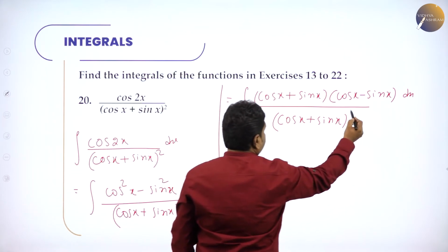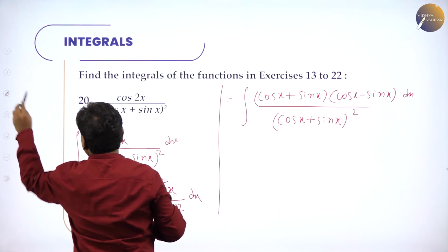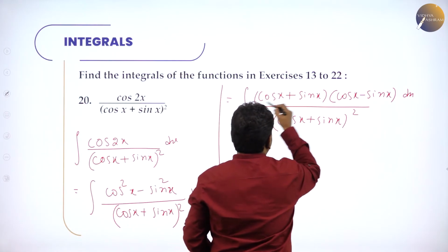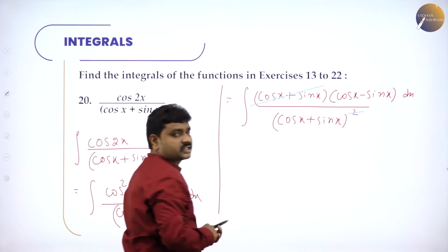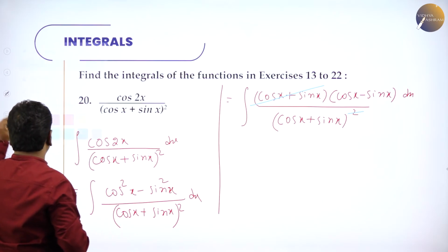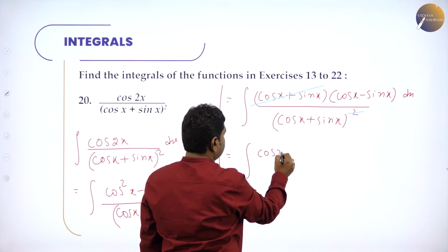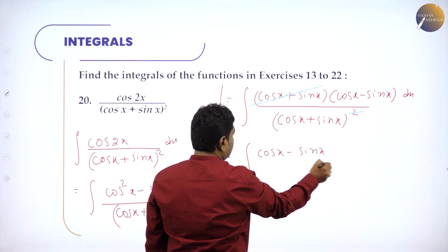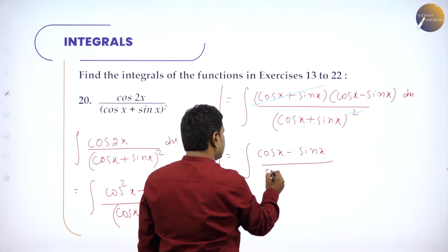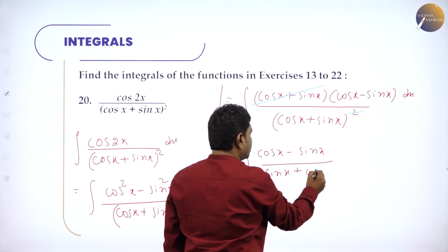Now I can cancel one term. One cos x plus sin x and the power 2 cancel, they are like terms. What is remaining? Integration of cos x minus sin x divided by cos x plus sin x, or I can write sin x plus cos x, one and the same. A plus b or b plus a.